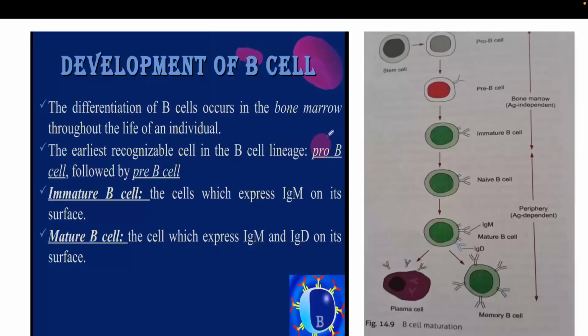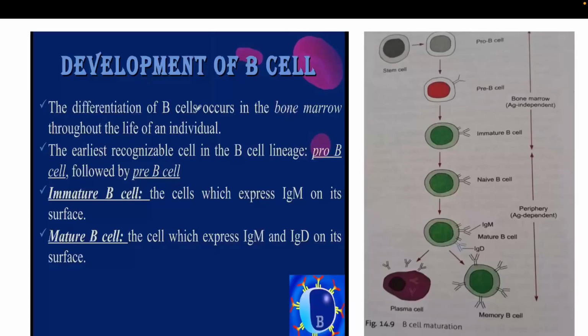So this is the flow chart of the development of B cell. The differentiation of B cell occurs in the bone marrow throughout the life of an individual. In case of the bird, it is the bursa of Fabricius, and in case of the human, it is the bone marrow. It first develops and matures, both happening in the bone marrow.